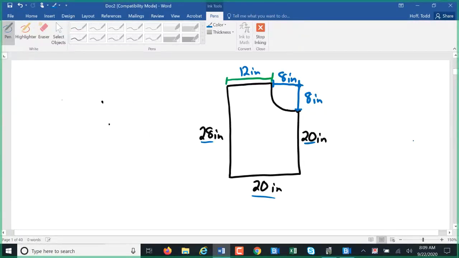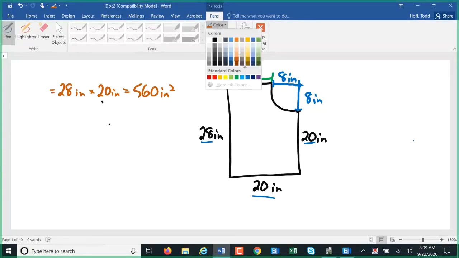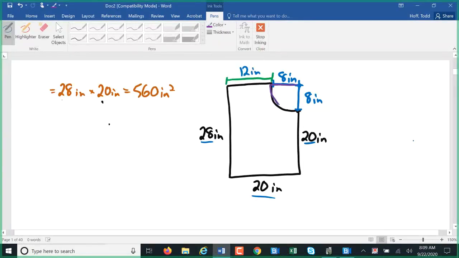So now I can find the area of that shape. We have the large rectangle that is 28 inches by 20, giving us 560 square inches. And then we're going to subtract out this quarter circle. That's pi times 8 squared would be the full circle, divided by 4 because it's only a fourth of a circle.